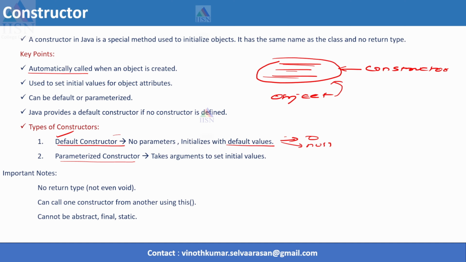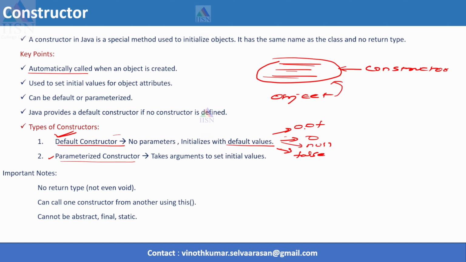If the data type is a float, it is assigned 0.0f. For boolean, the default value is false. So the Java compiler itself creates a default constructor in case you do not create a constructor.